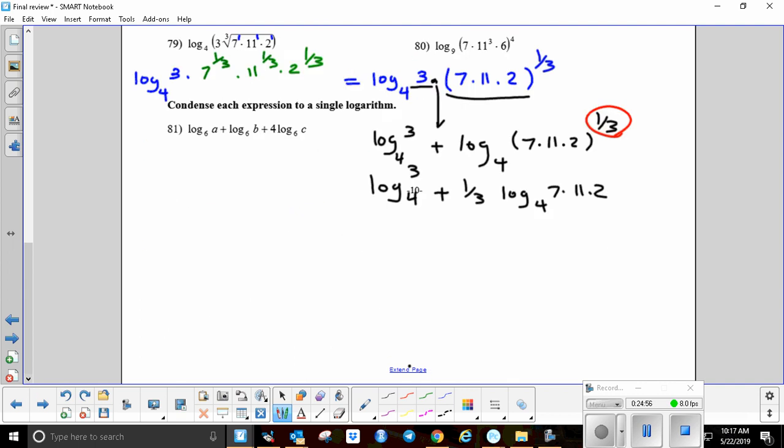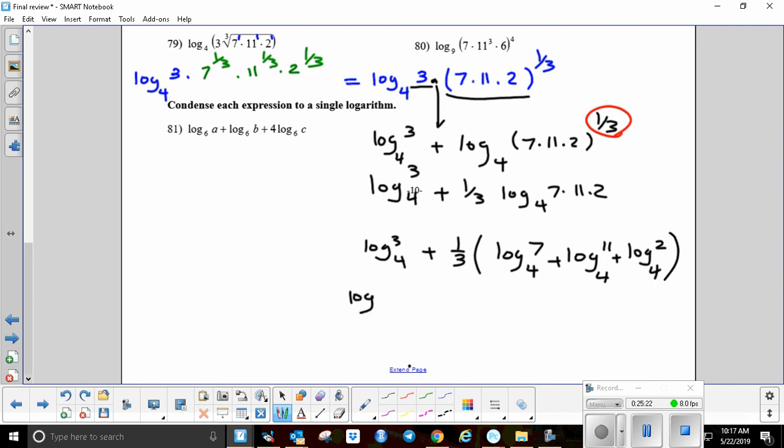From that, I'm going to have log of 3, 4 plus 1/3 of log of 7 over 4 plus log of, for the same reason. That's 1.